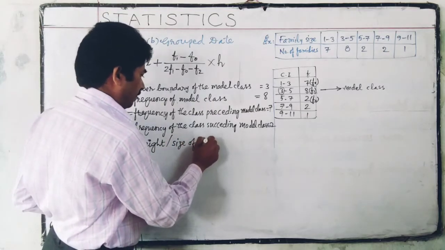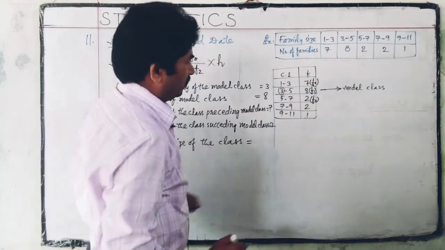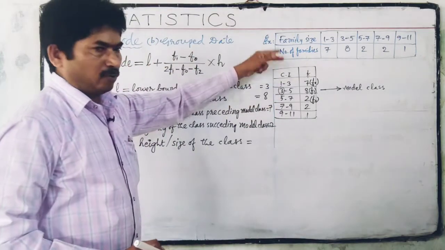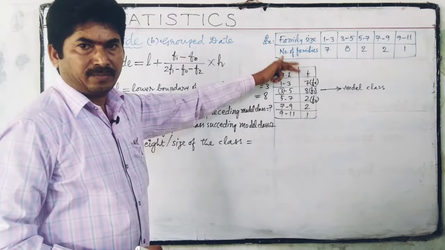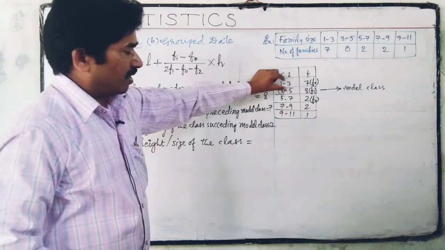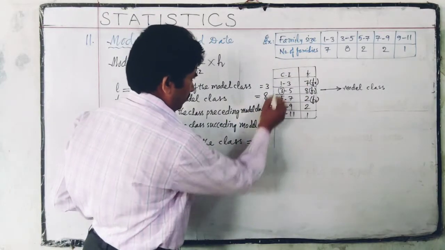Size of the class is equal to the difference of lower boundaries, or difference of lower limits or difference of higher limits. So here 3 minus 1, 2.